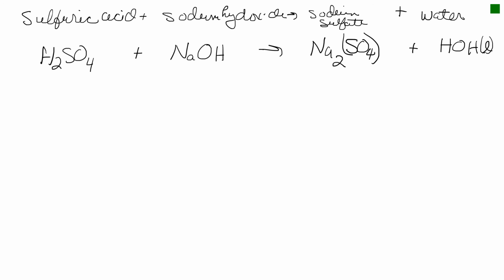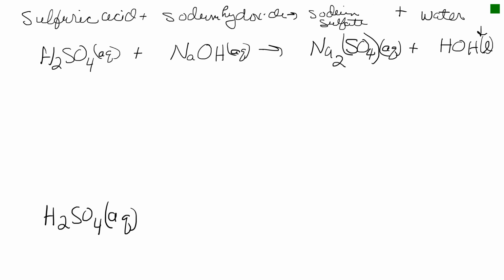So water is produced. One thing I want to point out is H2SO4 when it's dissolved in water, as it is here, let me just write AQ to remind you they're dissolved in water. These are all aqueous reactions. And of course, water is liquid.